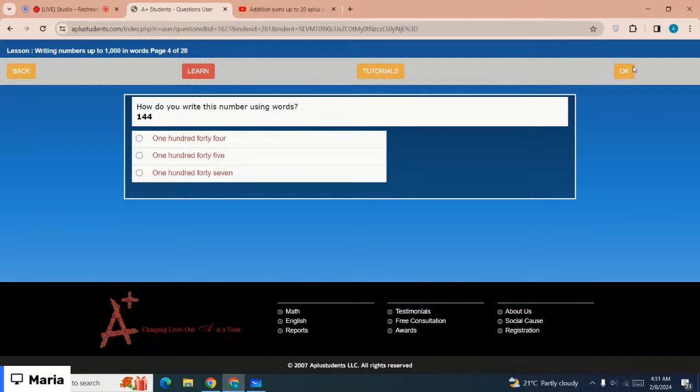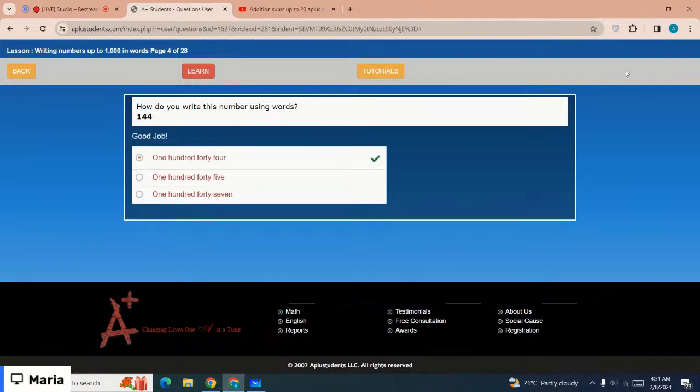The correct one is 144, and that is option 1. You can just write down the option number, right?